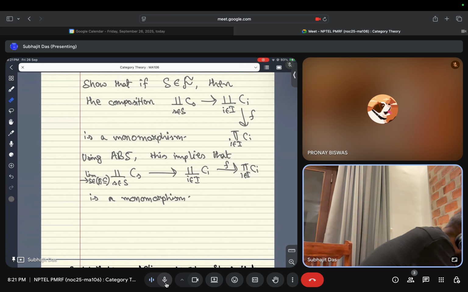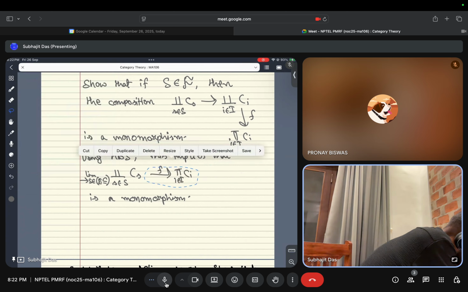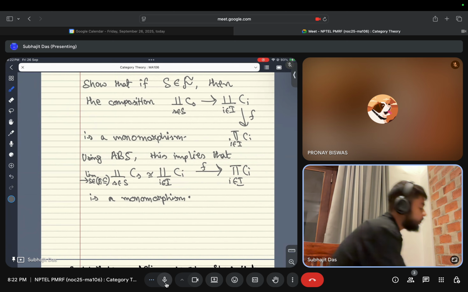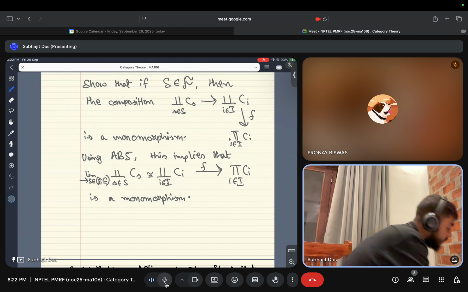Let's just cite this: the direct limit is isomorphic to the coproduct of C_i, mapping to the product of C_i. You can fill in the details. This implies that this F is a monomorphism just by using the AB5 axiom directly.